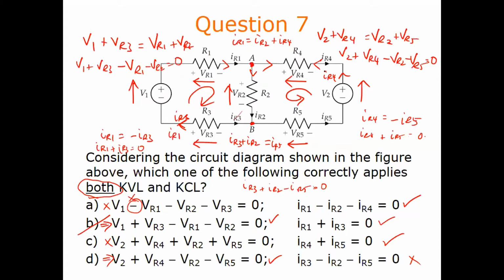If you say IR4 is in the opposite direction, then your VR4 plus should come here and your minus should come here. Oh, I understand. That's why here we have given you this plus or minus in a direction. But if you come up with your own assignments, then you can assign the current in whichever direction, and the voltage drop should match the directions you have chosen.